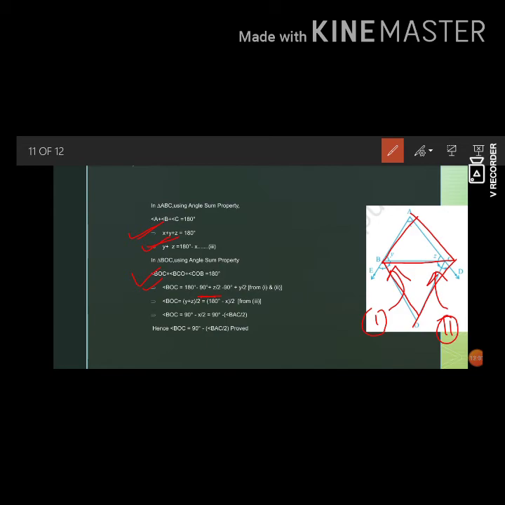Transposing, it will become minus 90 plus y by 2. So we got these two things from relations 1 and 2. Now we will add the numerical parts. 180 degrees minus 90 degrees minus 90 degrees cancels out. So we will get y by 2 plus z by 2. Together it will give us (y plus z) by 2.